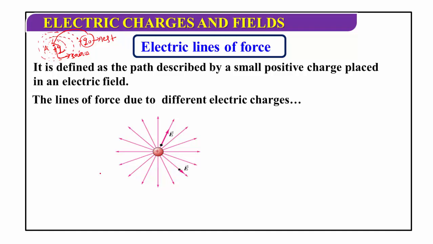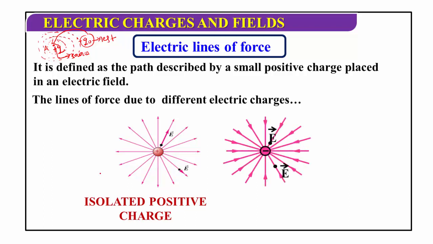But here, this diagram indicates the electric field lines due to the positive charge. The electric field lines are always radially outwards due to the positive charge.